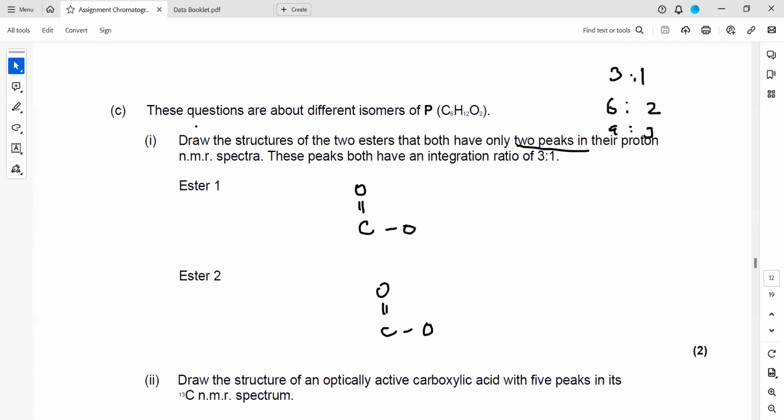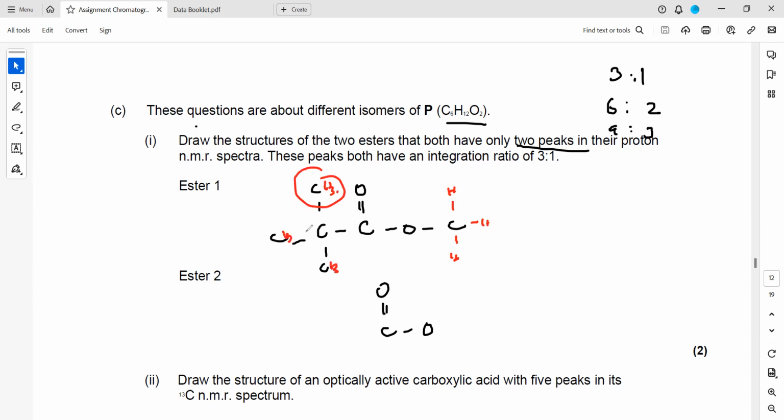For this one, the molecular formula, as I mentioned in the beginning of the question, is C6. We can have maximum 6 carbons. So this will be 1, 2, 3, 4, 5, and then 6 here. This will have 3 hydrogen, this will have 3 hydrogen, this will have 3 hydrogen, and this will have 3.